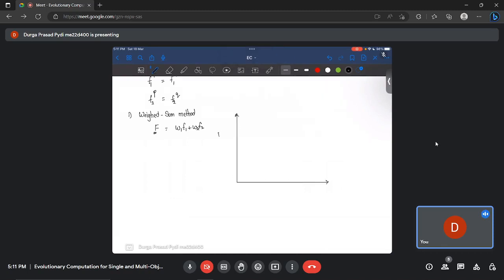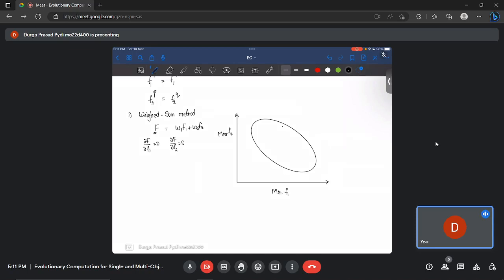So if this is your objective space, your aim is to minimize both f1 and f2. We derived in the last session that if you try to minimize the value of F, ∂F/∂f1 should be 0 as well as ∂F/∂f2 should be 0.